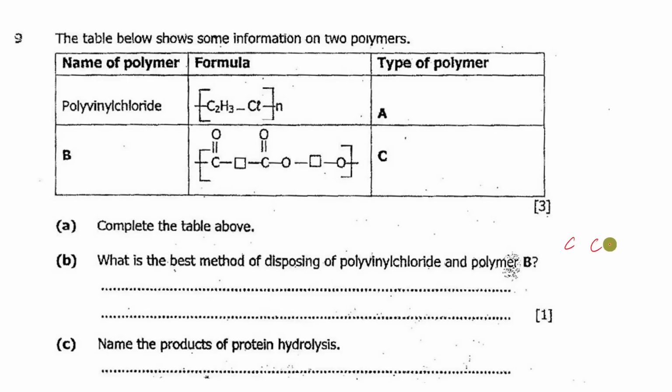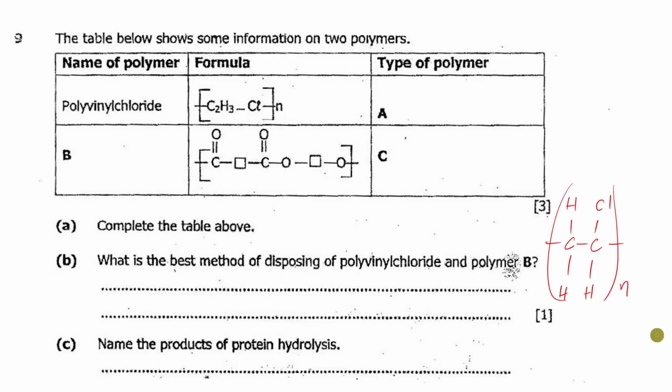Then there's a bond here, a bond here, a bond here. You have seen there are 3 hydrogens, so you put one hydrogen here, one hydrogen here, then you put a chlorine here and another hydrogen here. This is how we write it. This is the kind of formula I know.